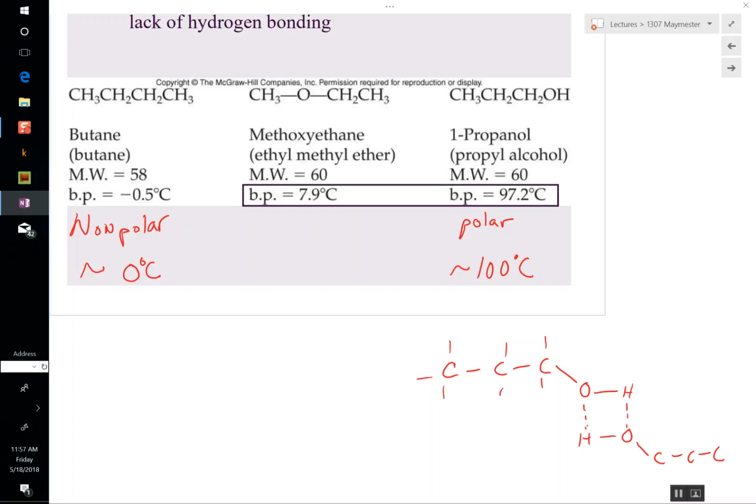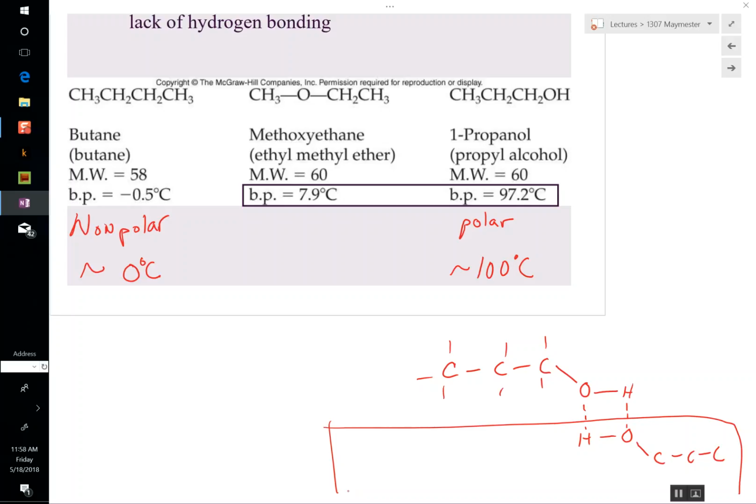They just, I don't care whether I stay in the liquid or evaporate out into the air. There's not a strong attraction between the molecules. There's a strong attraction here. So if this was your beaker full of this stuff and you're heating it up, you've got to get enough energy in here to break these bonds for that molecule to finally evaporate and boil away.